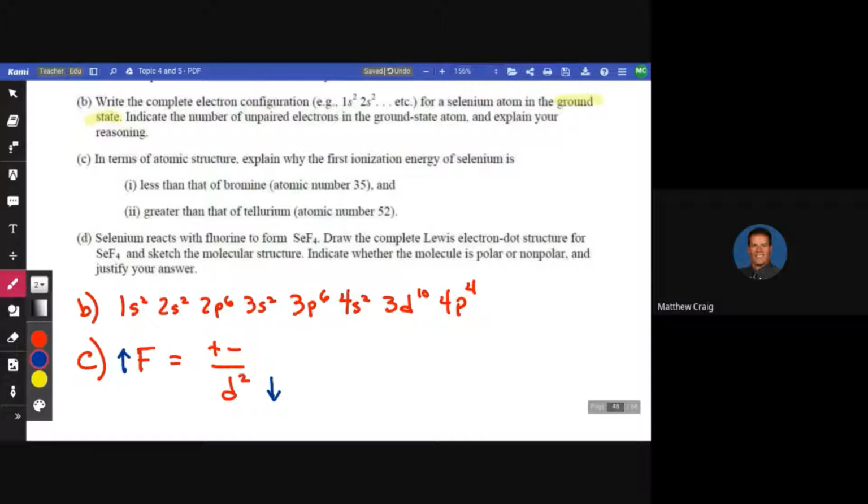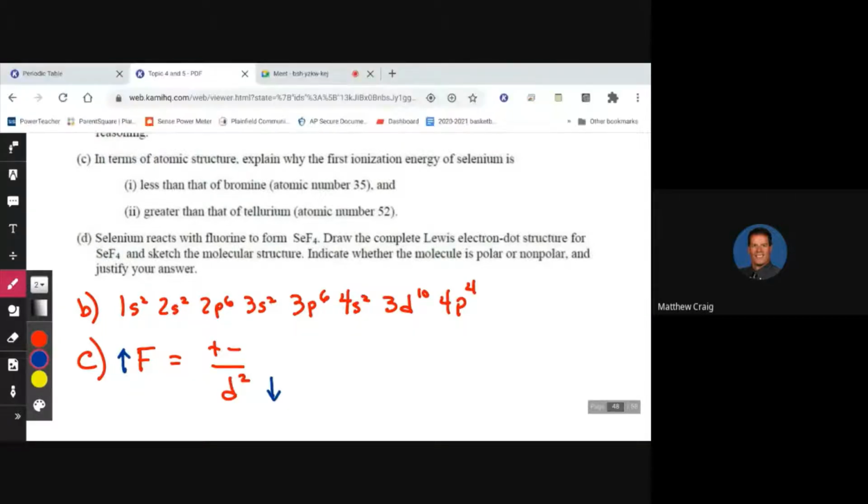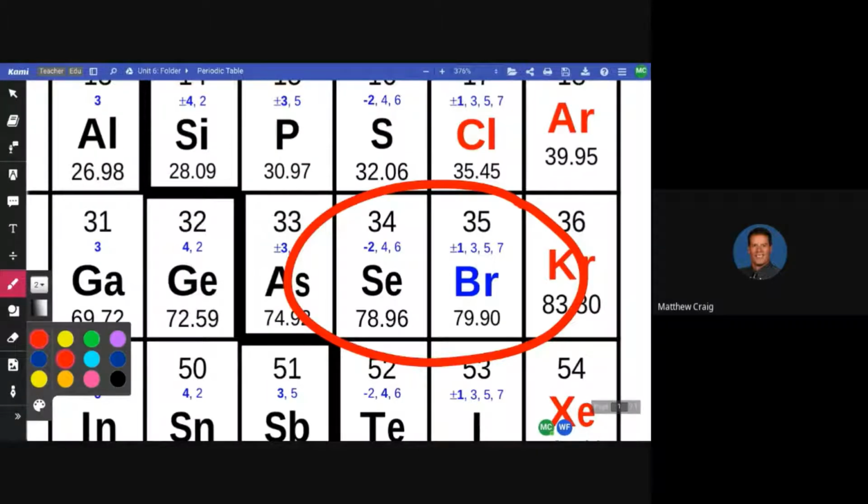It's not a bad idea to incorporate core electrons when you talk about protons. The core electrons are the same for both selenium and bromine. We're not going to worry about valence, because as we add more and more protons, those electrons get tighter and closer, and that's why it shrinks.